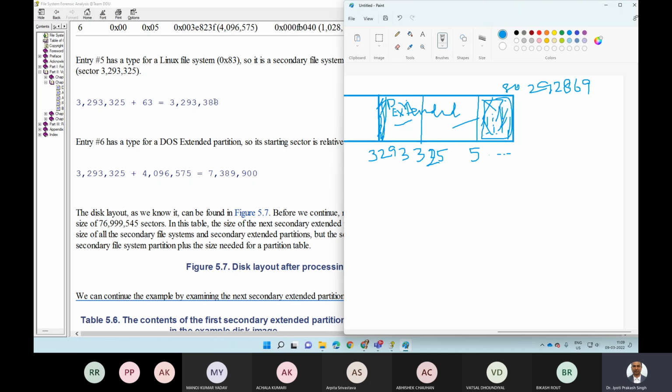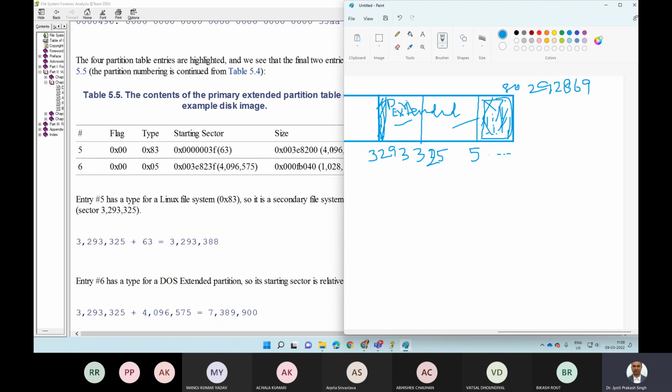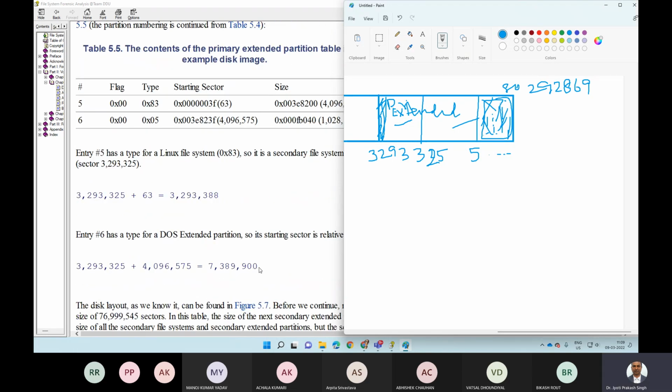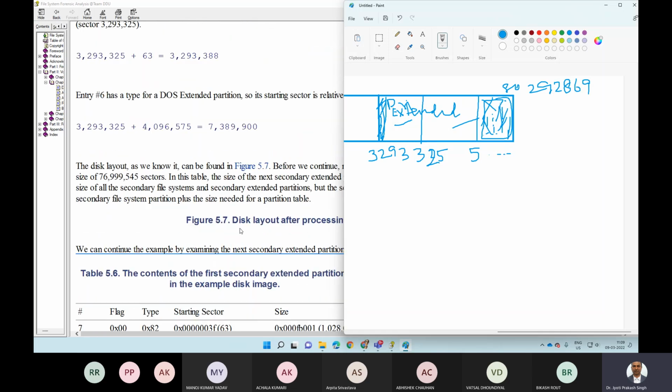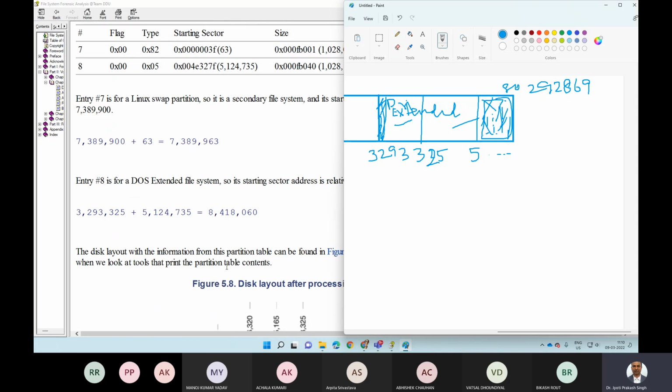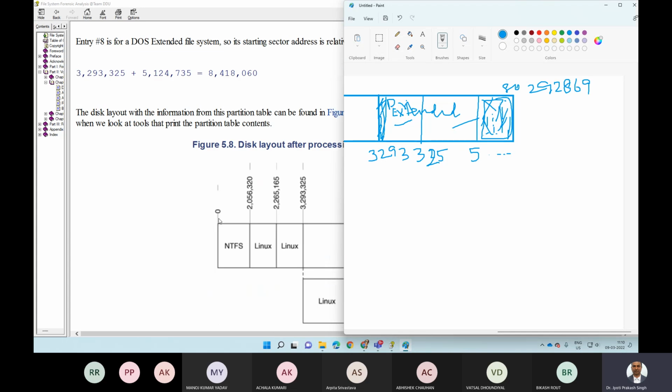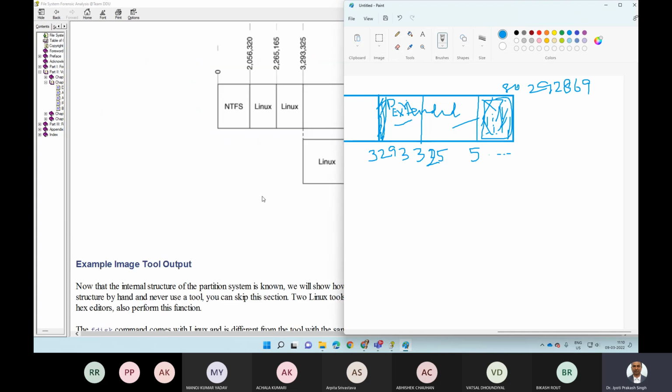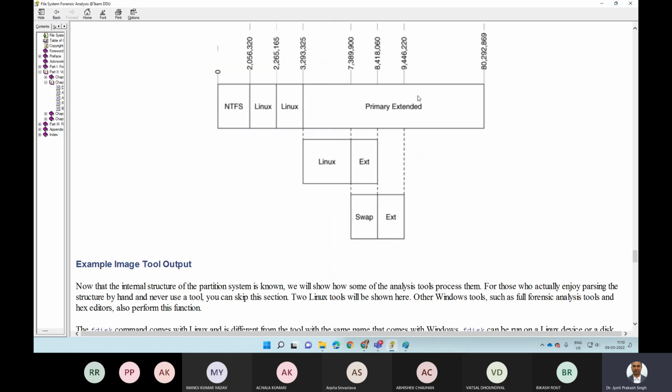The next starts from this place and ends at this place, this plus the size. The last one starts and then is further extended. That starts at this location and ends at almost the end, so it goes up to the end of the disk. There is no slack as such. So this is how this whole thing looks.